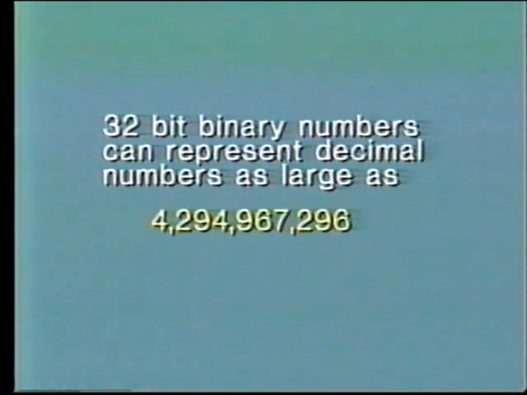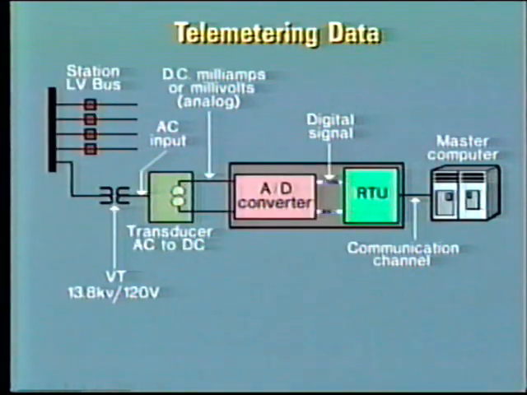Of course, many of today's computers work with 16 or even 32-bit processors, with the consequent ability to use much larger numbers and provide more accuracy. In fact, a 32-bit binary number can represent a decimal number as large as, wait for it, 4,294,967,296. Wow. So it is a digital representation of the measured analog value, which is inputted to the respective circuit board in the microprocessor.